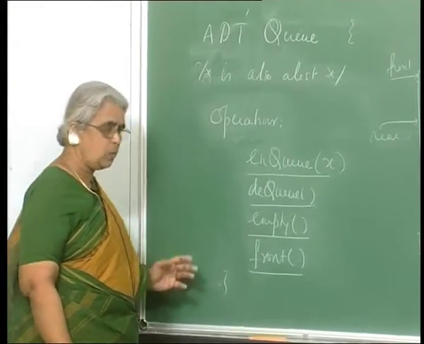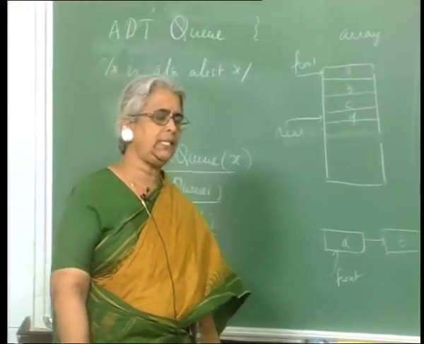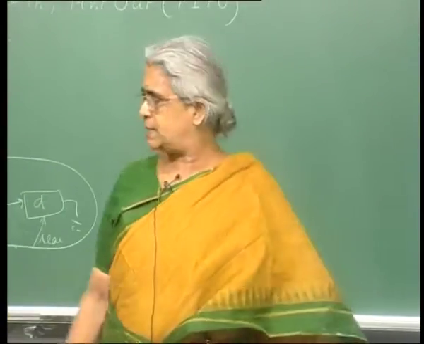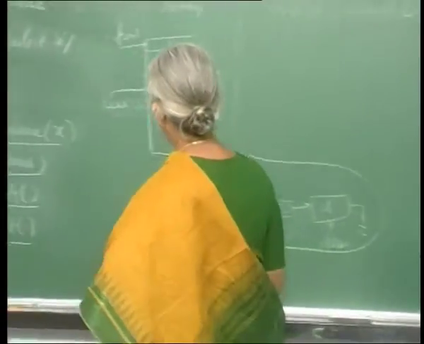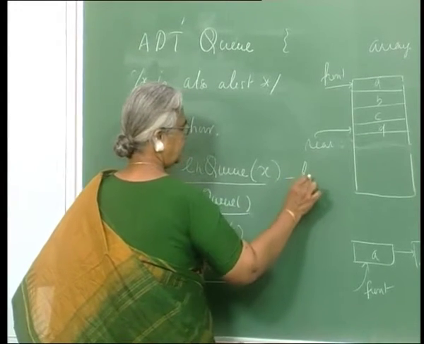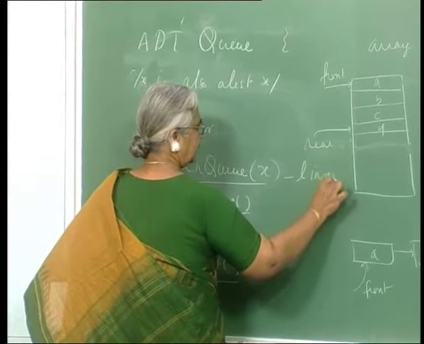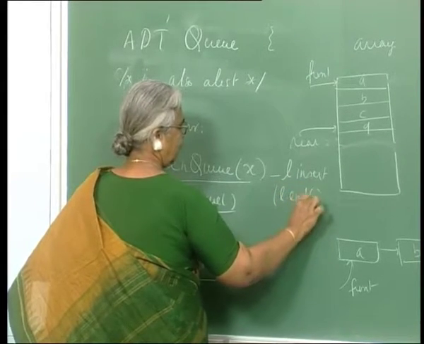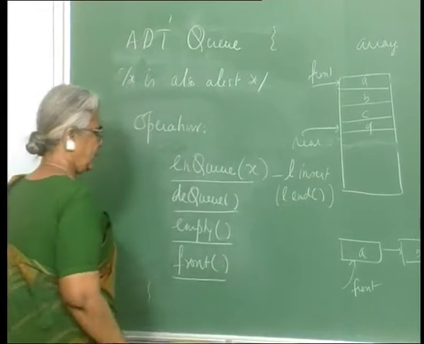Clearly, since the queue is also a special type of list, we can again use the list ADT to perform the operations. So what will enqueue become now? If I have a list ADT, it will be L dot insert at L dot end. We are always inserting at the end of the queue.